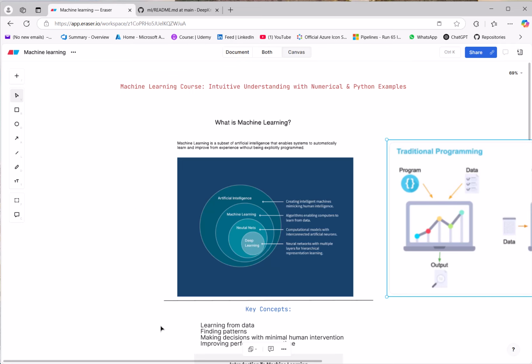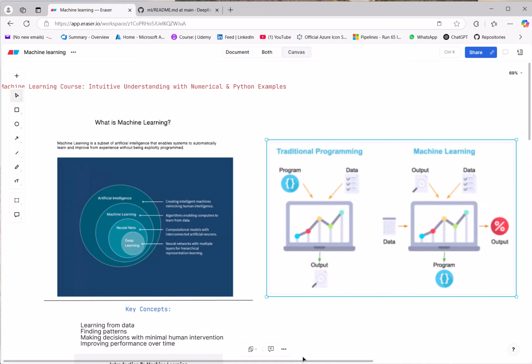So as you can see here, this is traditional programming and also machine learning. Unlike traditional programming, where you have to write explicit rules, machine learning allows computers to learn from examples and improve with experience.